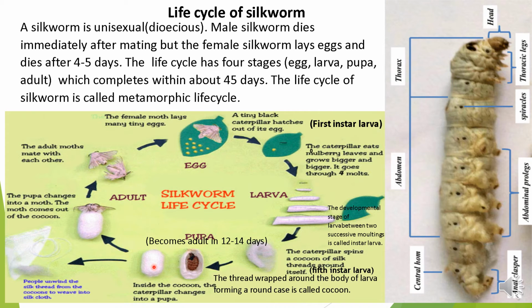The prolegs disappear and 2 pairs of wings develop in the thoracic region. Normally the pupa becomes an adult within 12 to 14 days. But in the commercial field, silkworms are reared for producing silk.